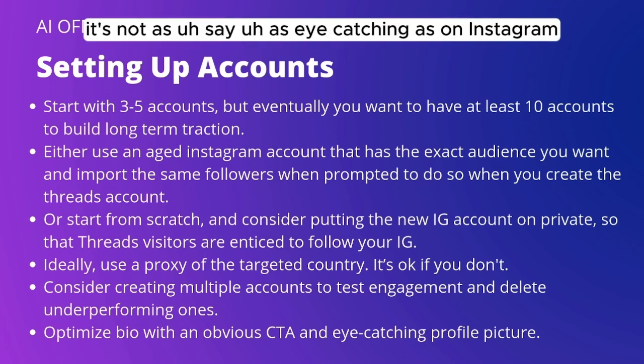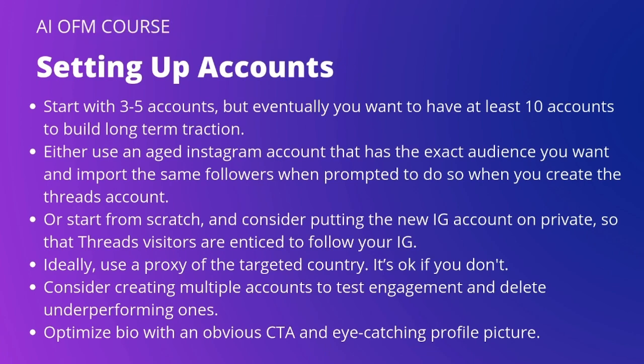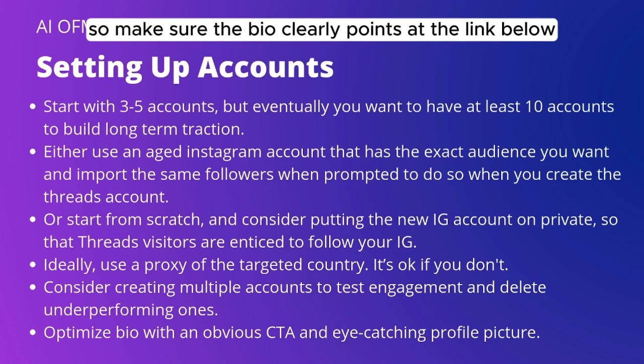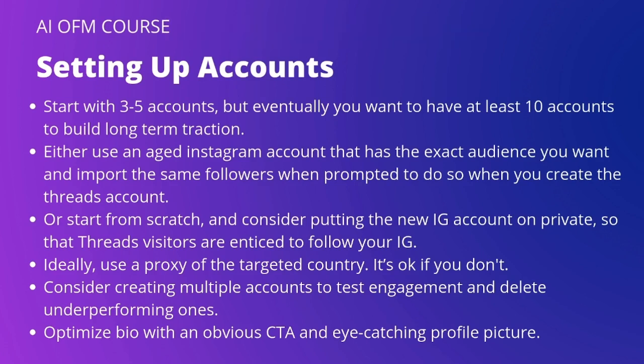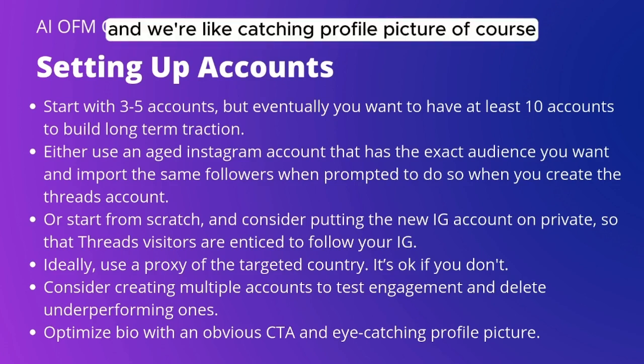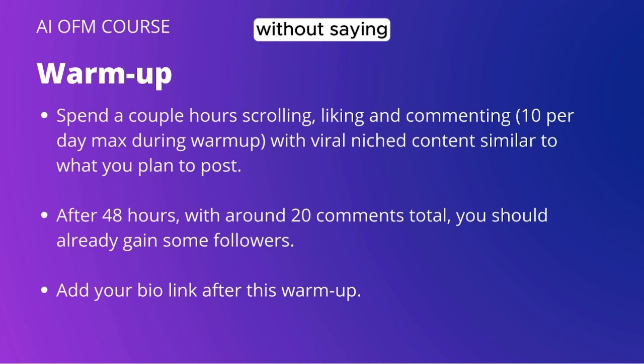It's not as eye-catching as on Instagram. So make sure the bio clearly points at the link below. Put an arrow, put a finger, make it really obvious that there's a link you want them to click below. And an eye-catching profile picture, of course, goes without saying.